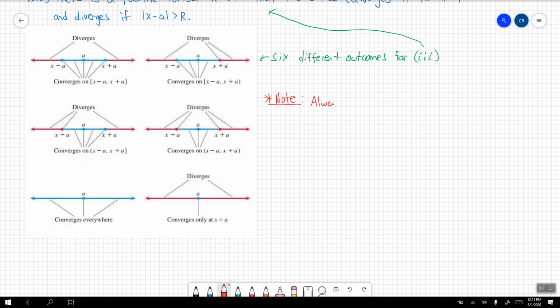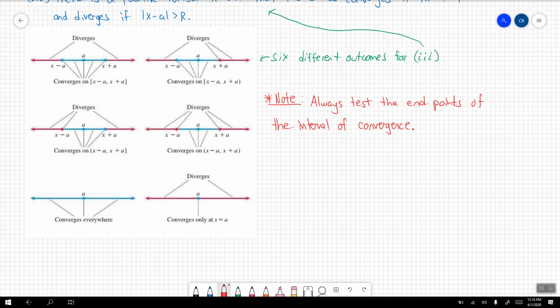Always test the endpoints of the interval of convergence. This is going to let us know whether they converge or whether they diverge at the endpoints.